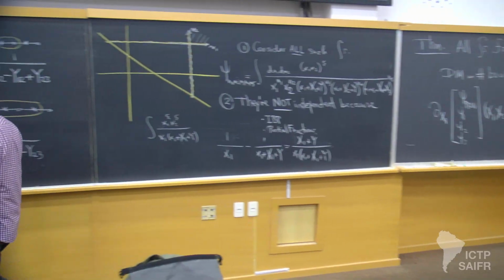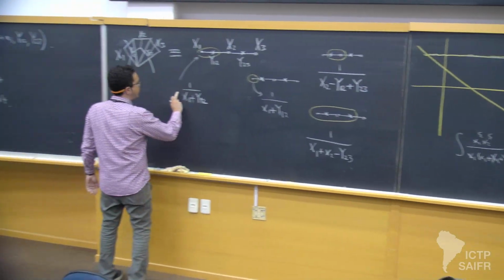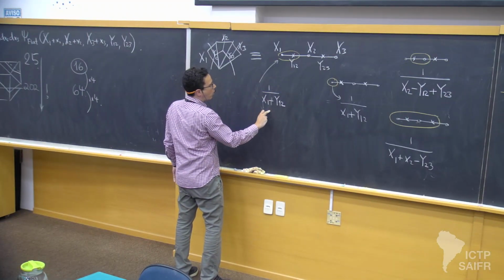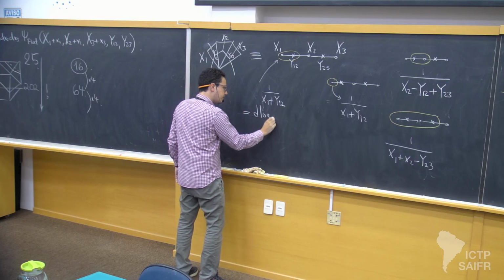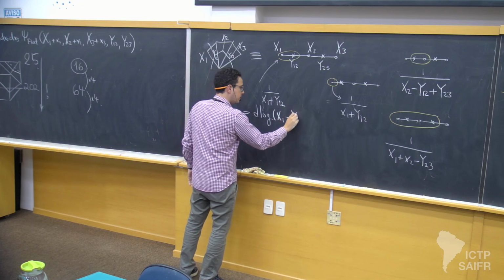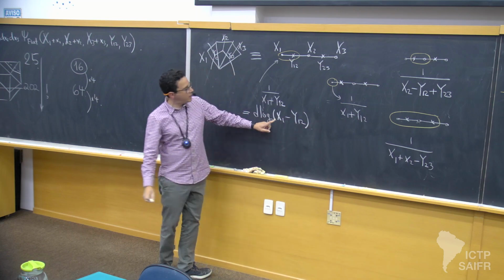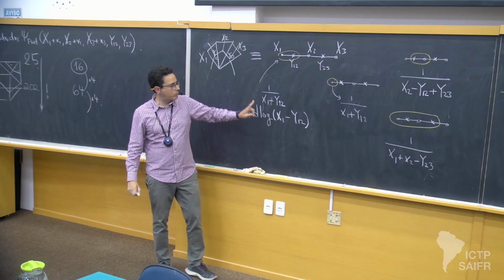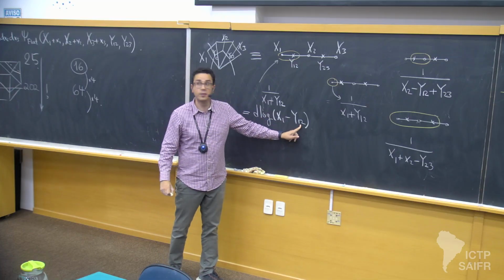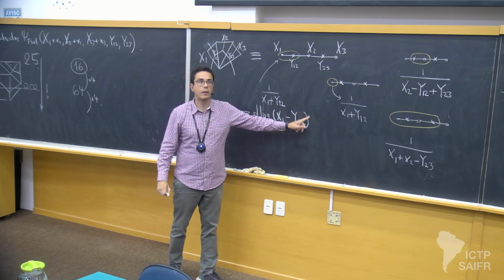But the cool thing that happens is that I can think of 1 over as a d log. So I can write this as d log. So that's to say this is a denominator that will always appear when I take a derivative with respect to x1 or y12 with opposite sign.